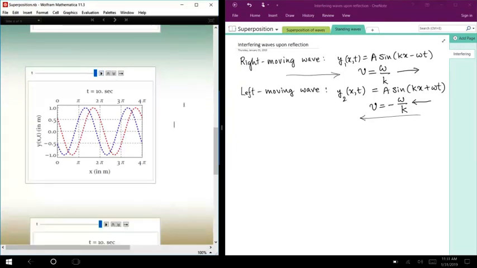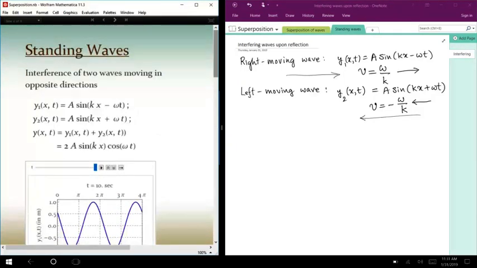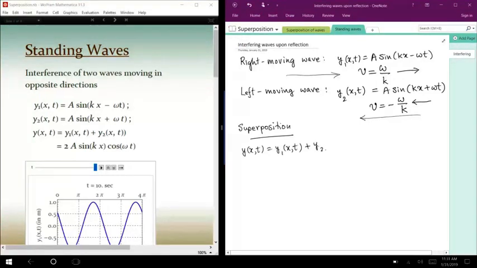If I interfere them, remember, the superposition principle tells me that the interfering wave function will be just the sum total of the two wave functions. So y(x, t) is equal to y1(x, t) plus y2(x, t). Now let's simply add these together: A sine(kx minus omega t) plus A sine(kx plus omega t).